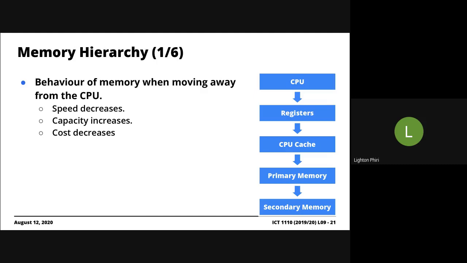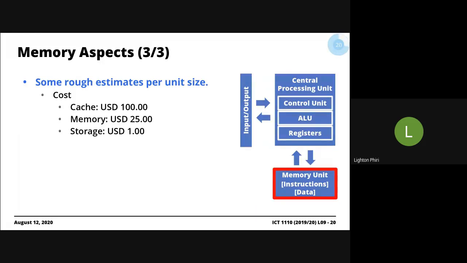And it makes sense that even if we're using the same technology to implement, let's say, CPU cache and RAM, the speed will still decrease. Why? Because of the latency, the round trip from CPU to RAM. I don't know if I'm making sense here.